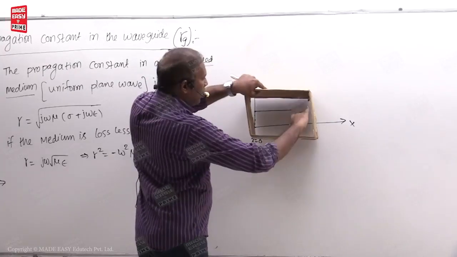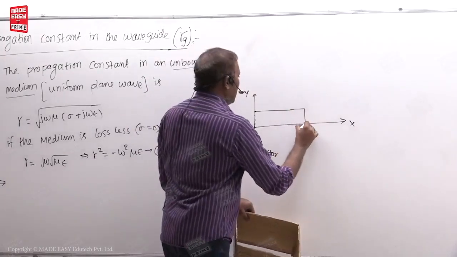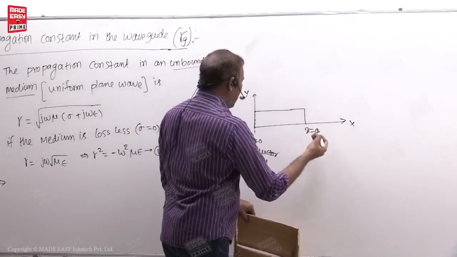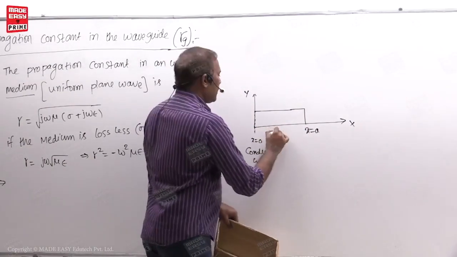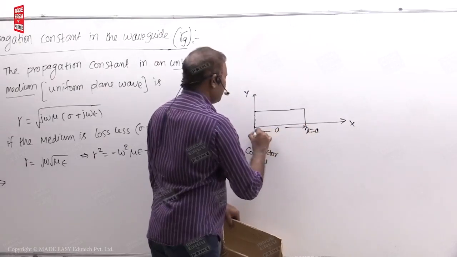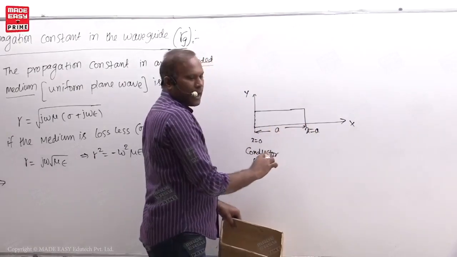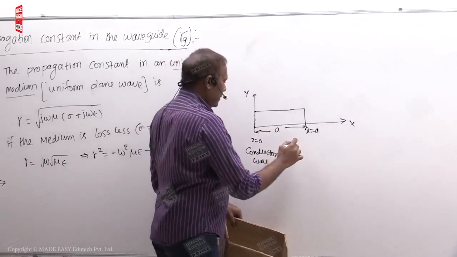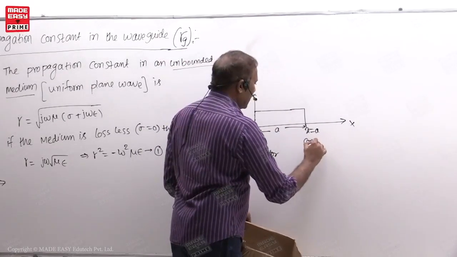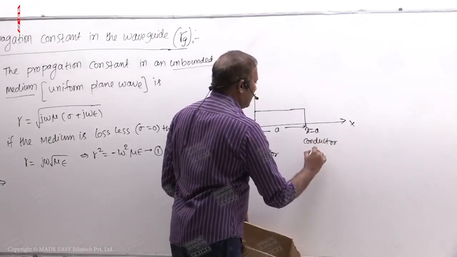And here there is another wall, that is x is equal to a meters. Generally that is in centimeters. So this is called width a, otherwise also called breadth. That means the larger dimension, x is equal to a conductor wall.